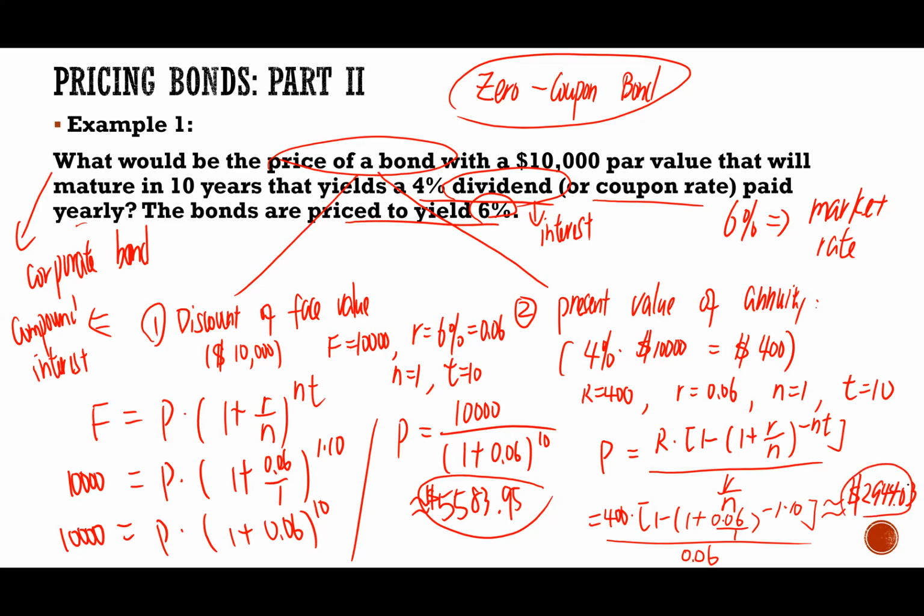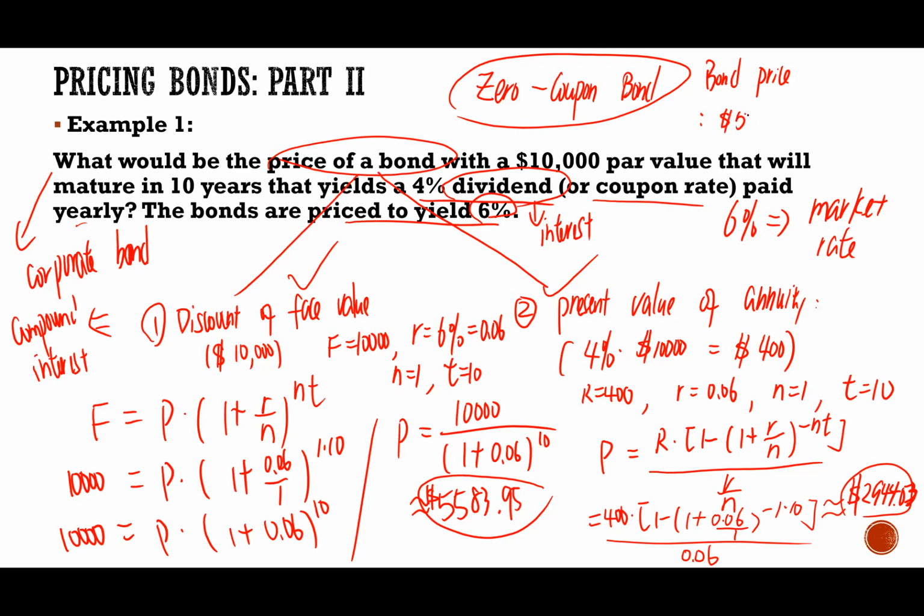So we are discounting two things: the face value and the present value of the annuities. You combine those, because you receive two incomes from this bond. One is from the face value, the other from the interest or dividend payment. So you combine those two, that's your total return, or total bond price.